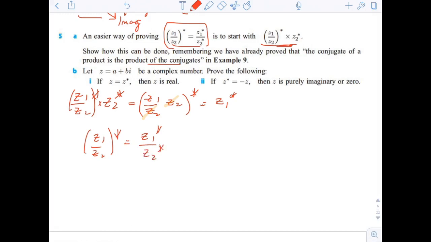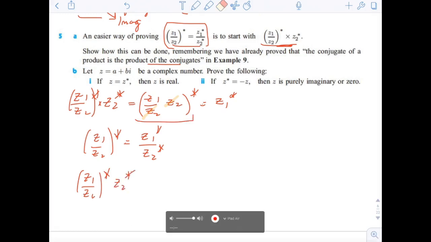What if we multiply both sides by Z2 conjugate? Then we get Z1 divided by Z2 conjugate times Z2 conjugate. And on the other side, we're going to have what's remaining on the right side, which would be Z1 conjugate.